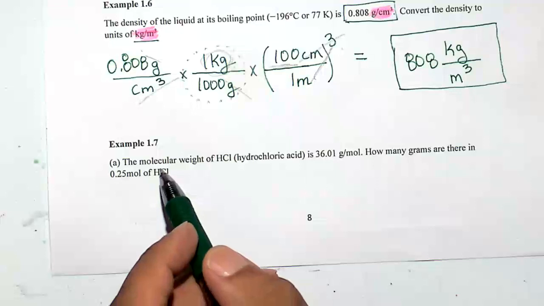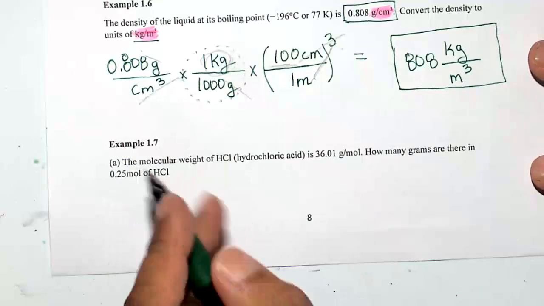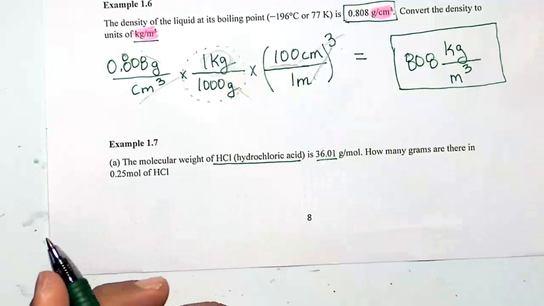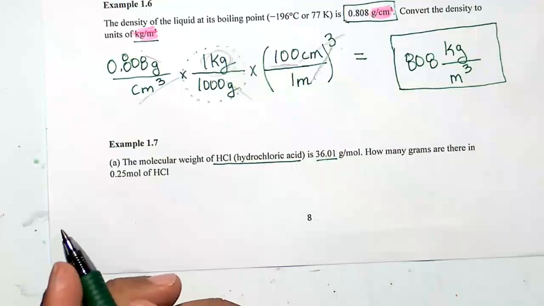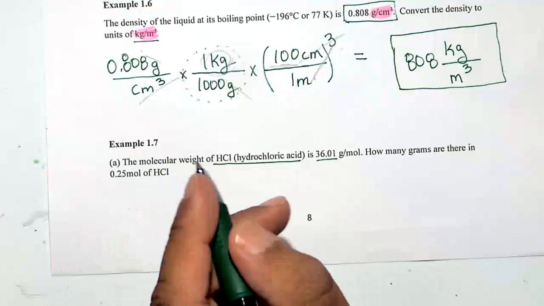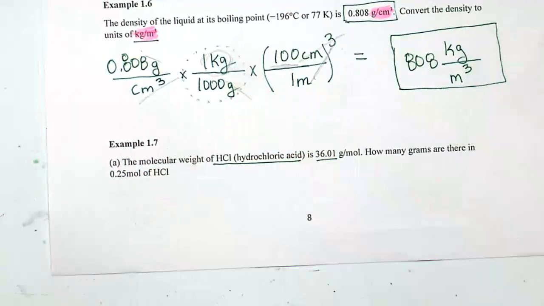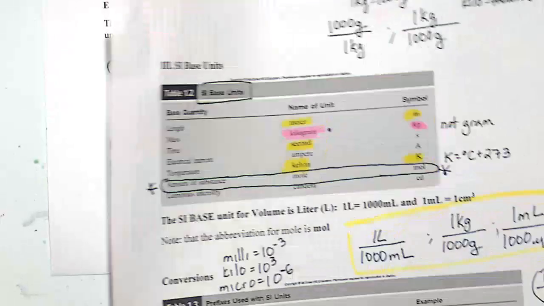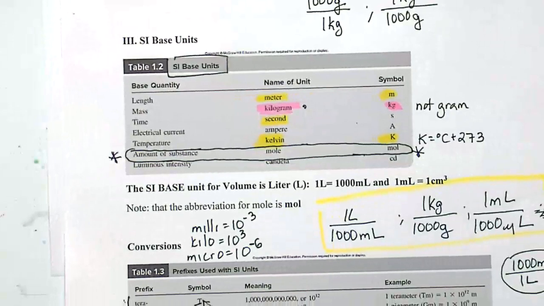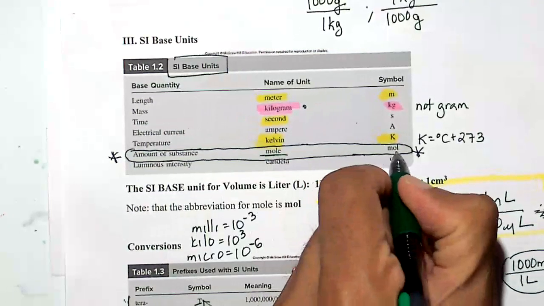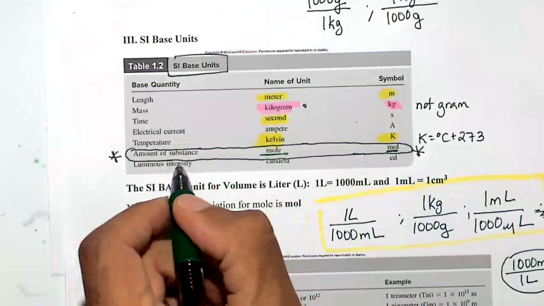Right, I didn't teach you this, but we'll go ahead and do it anyways. Okay, the molecular weight of HCl, hydrochloric acid, is 36.01 grams per mole. How many grams are there in 0.25 moles of HCl? So I did not teach you mole, other than what is the mole? Okay, a mole, page 4 of our notes, is the SI unit, the base unit, for the amount of substance.